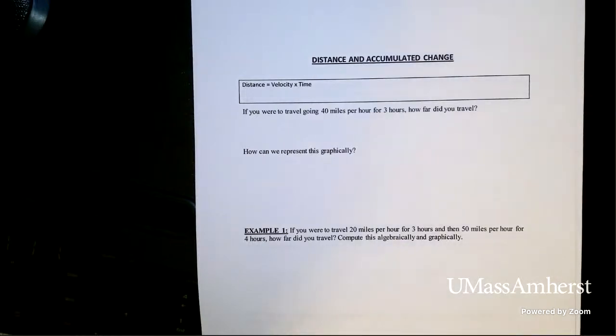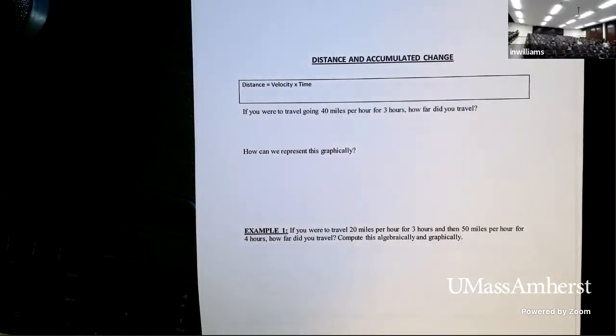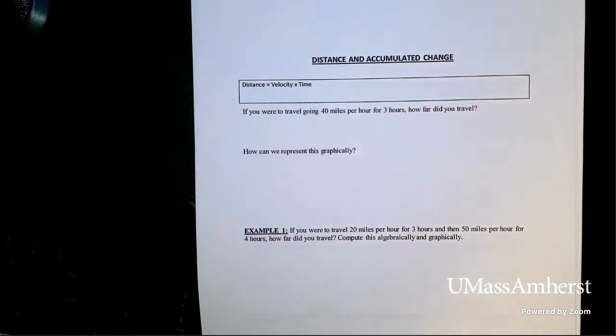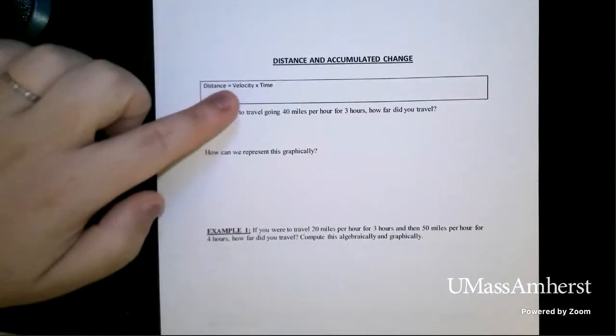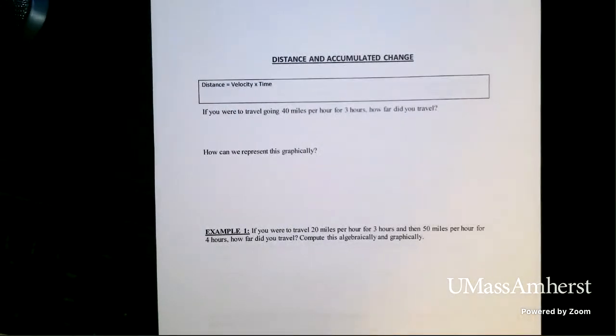When we start Chapter 5, we start with what's called distance and accumulated change. So we start with what we know about a very common derivative that shows up in our lives, and we use that to explore how we might extend that to other types of derivatives. We start with this idea that distance equals velocity times time.